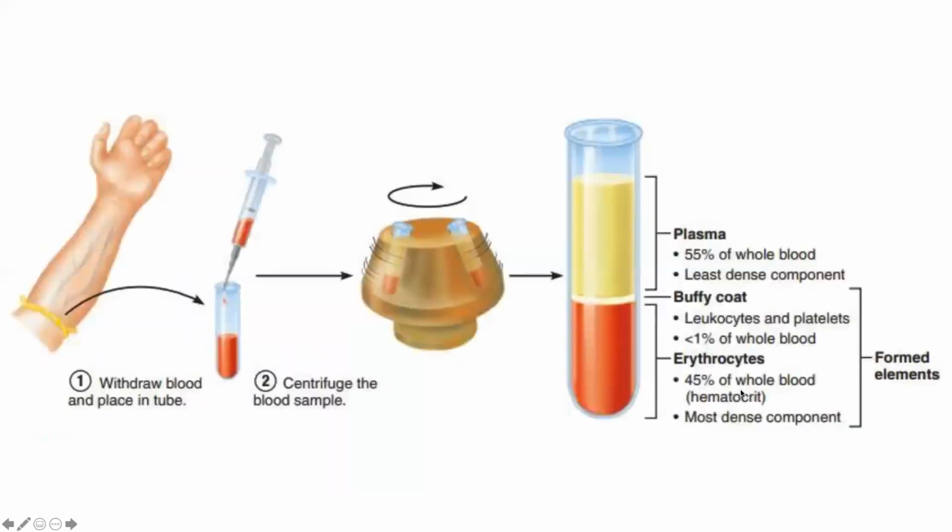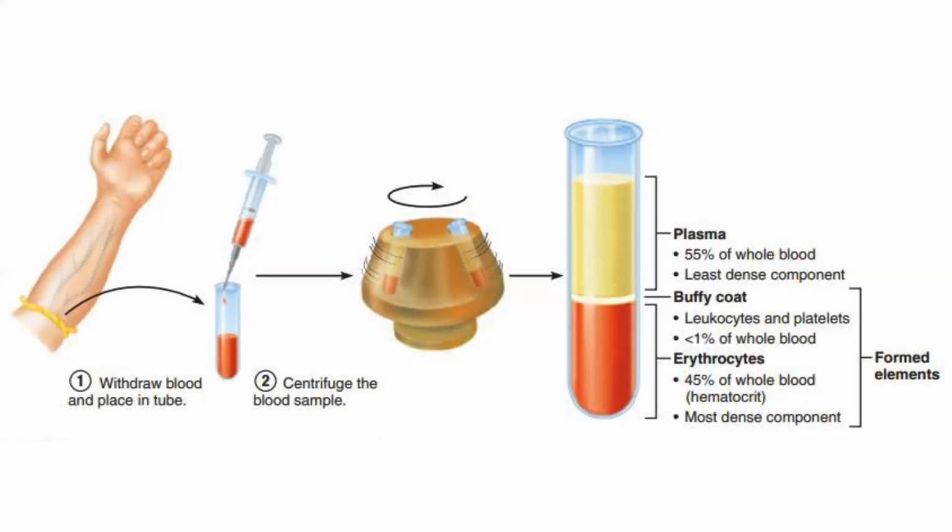So now, if we draw blood from a person, I hope this is a very common procedure you have all seen, then put that blood in a test tube, put the test tube in the centrifuge, and finally we get a three-layer structure.